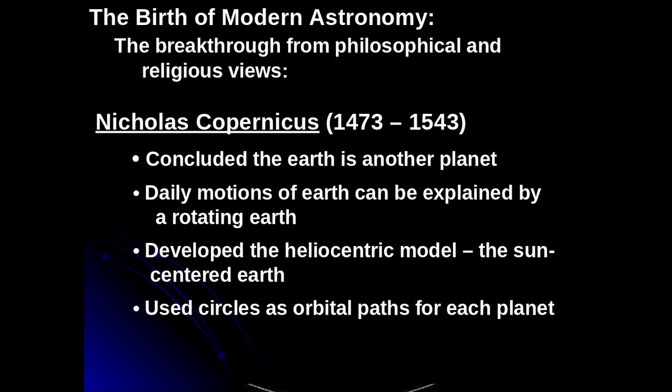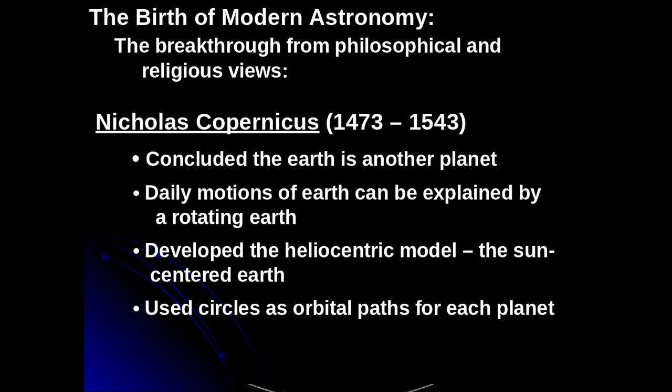Nicholas Copernicus is known as a very articulate mathematician. He took data and information from the geocentric model and started to notice discrepancies. In other words, Copernicus would look up at the night sky, and based on the geocentric model, Mars should appear in this location. And of course, Mars didn't show up there.